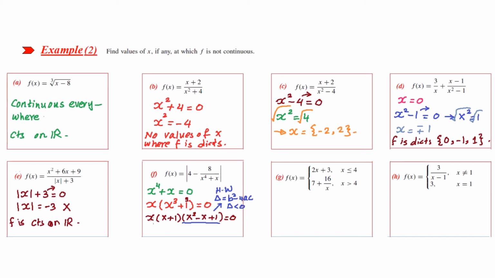So we have two factors, x and x plus 1, each of them equal to 0. So we have x equals 0 and x equals negative 1. These are the values where f is not continuous. So we have negative 1 and 0. The function f is discontinuous.